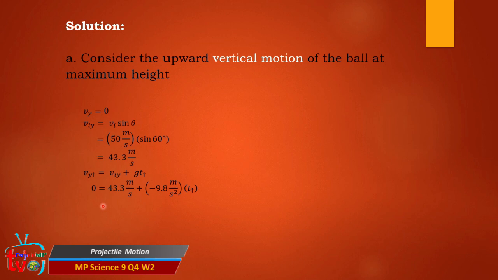Solving for the time, we will substitute the given to the formula v sub y is equal to the initial velocity plus gt.